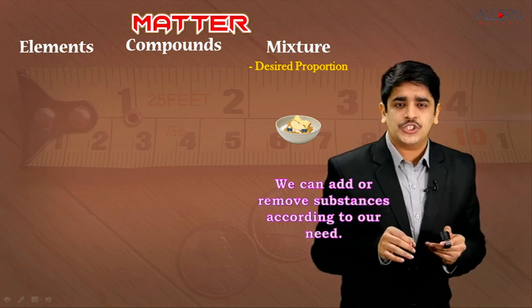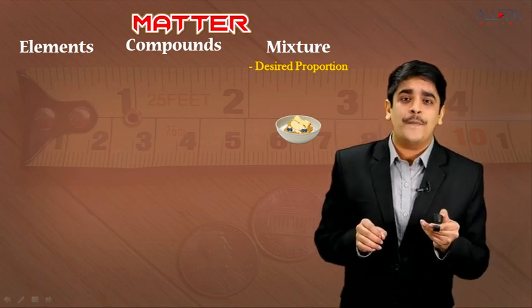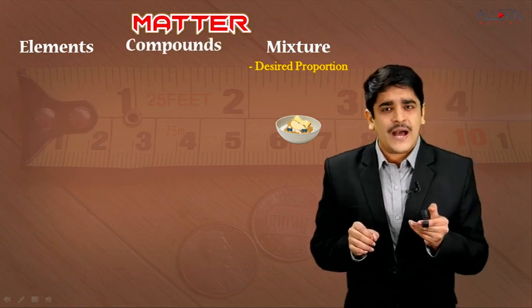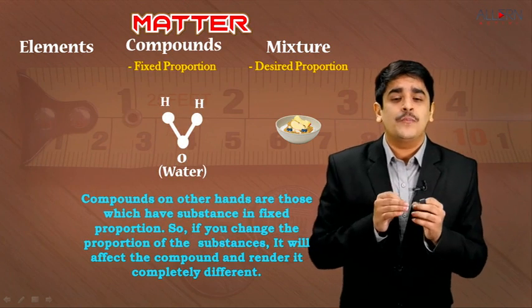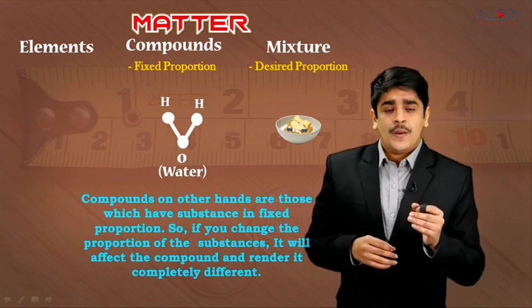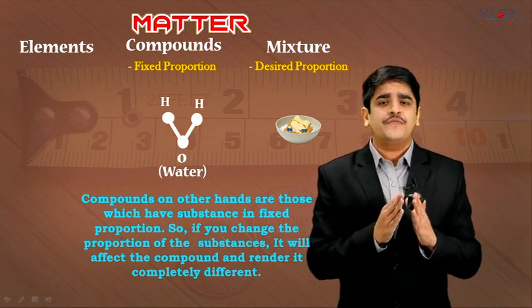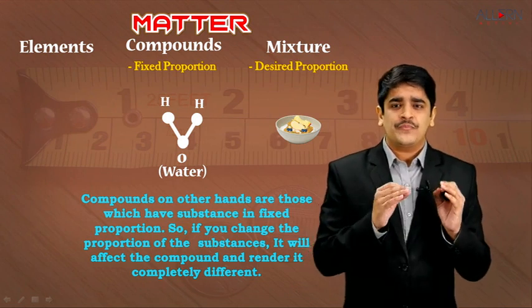The next substance that we are going to understand is obviously going to be a compound. A perfect example of a compound is the molecule of water, which is given by the formula H2O. But the components in a compound are present in a fixed proportion. What does that mean?